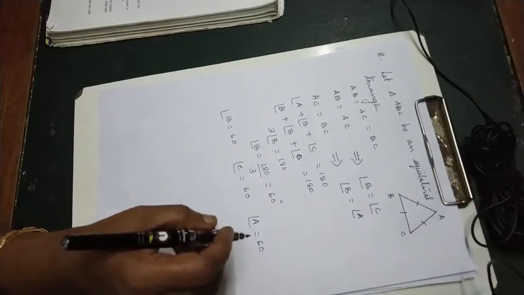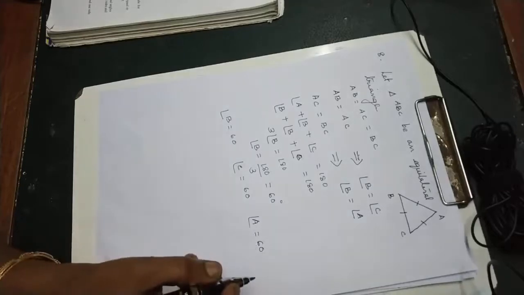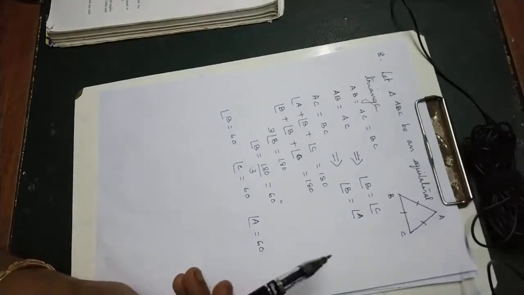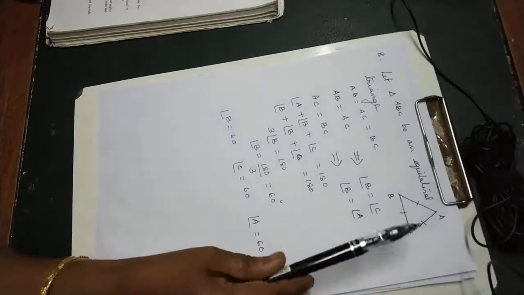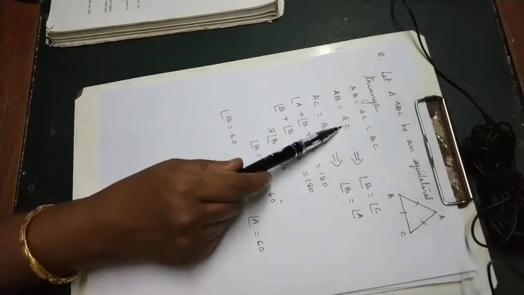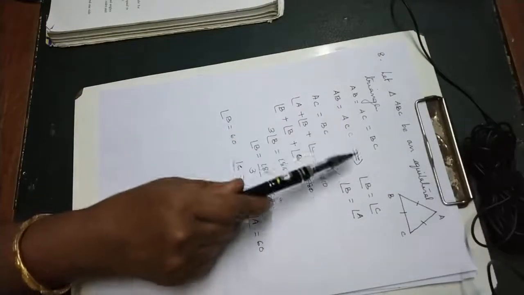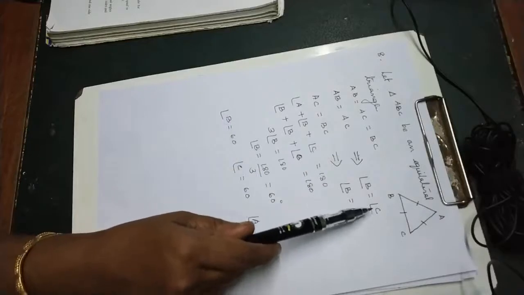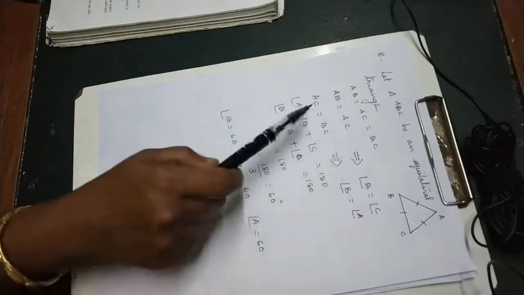That is all the three angles are 60 each. So how we proved? In an equilateral triangle, all the three sides are equal. So first start with AB and AC. So AB and AC are equal, that means angle B and C will be equal.